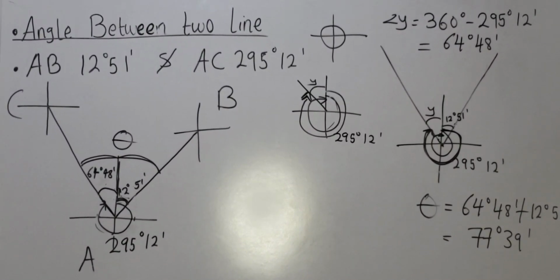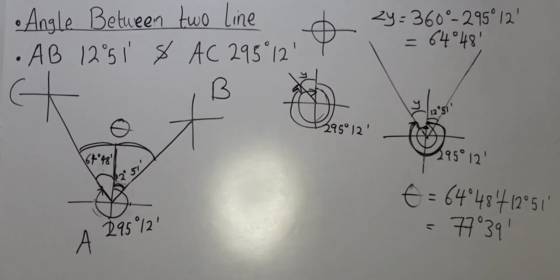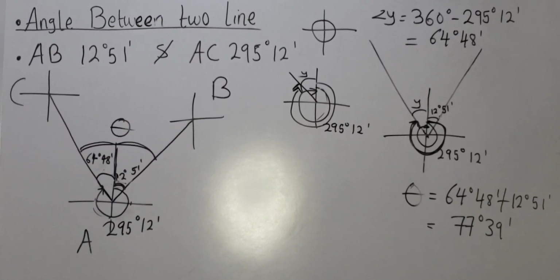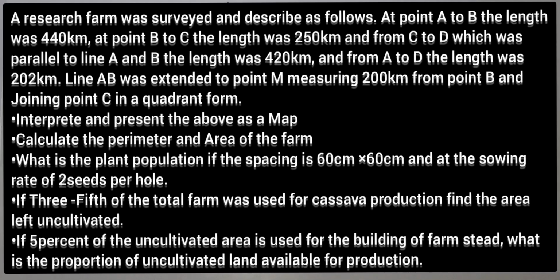You understand? So let's solve some past questions on this course. Okay, you can put this down. A research farm was surveyed and described as follows. From point A to B, the length was 440 kilometers. From point B to C, the length was 250 kilometers.